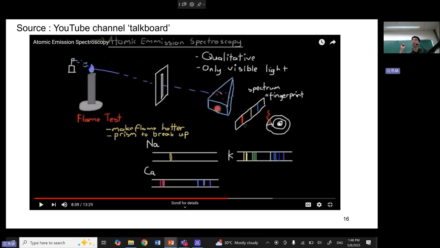So again, the function of a prism is to separate light with different wavelengths.